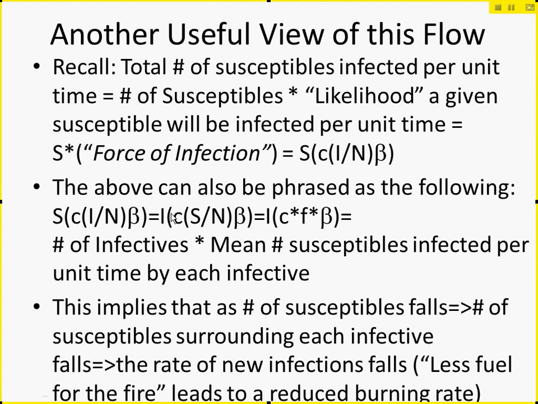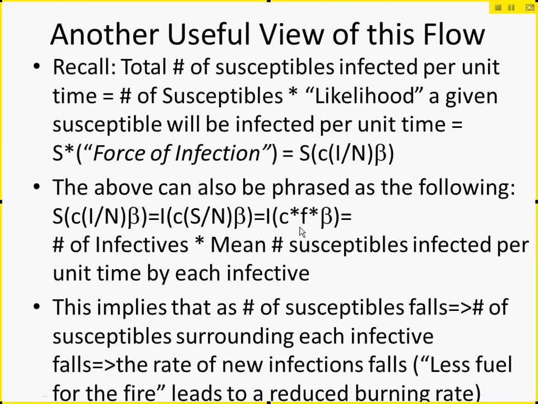And in fact, if we multiply that, C times S over N times beta, for me as an infective, it gives the average number of people I'm infecting per unit time. So, okay, each of those 50 people, I have a 4% chance of infecting, say.